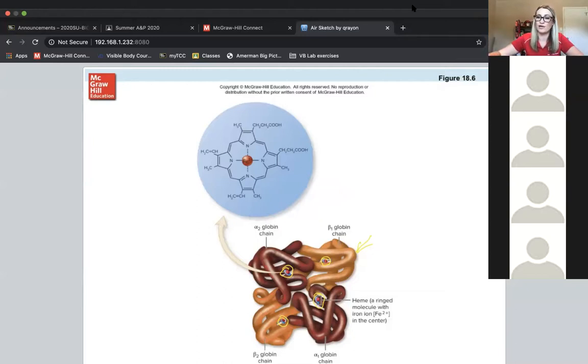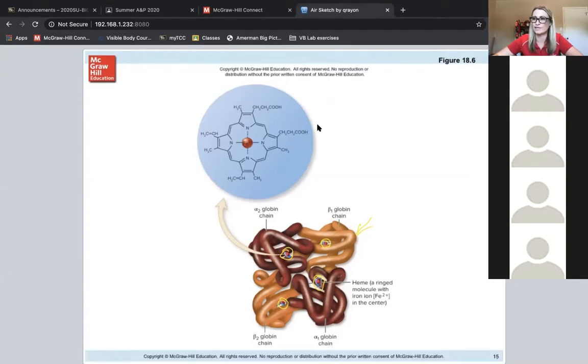A lot of the iron actually gets reused. We recycle a lot of the iron that comes from hemoglobin. Some iron is lost in urine and feces, as well as sweat.